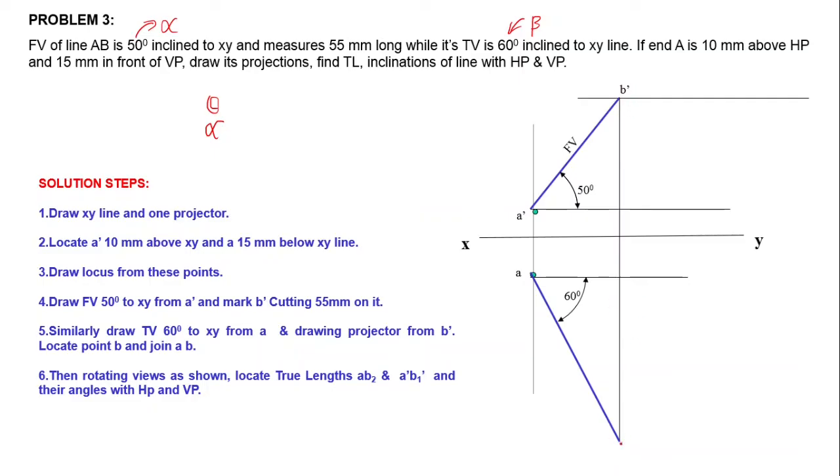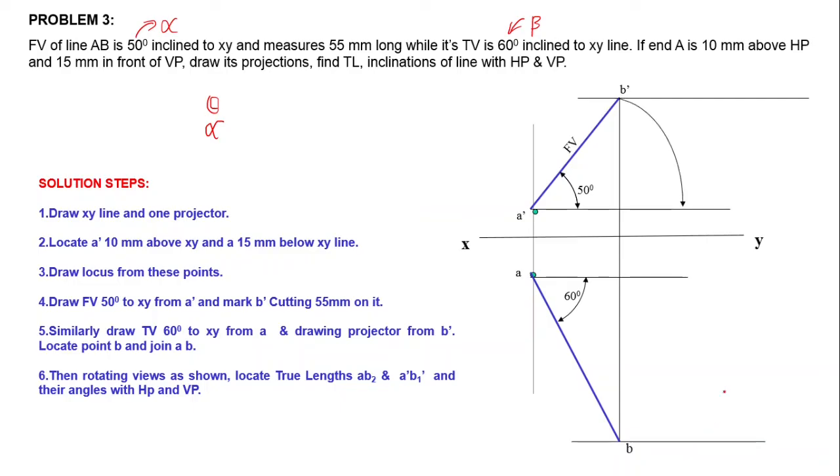That intersecting point will become B. We can represent that point B like this: AB, top view and front view. We have already drawn. Then we can draw the locus of end point B. Locus of end point B dash we already represented, the locus of end point B in front view. Then this is the locus of end point B in top view.